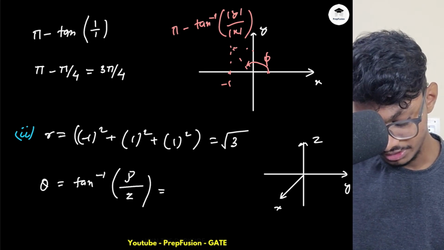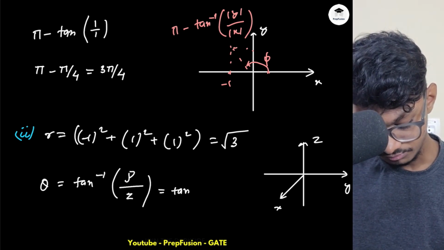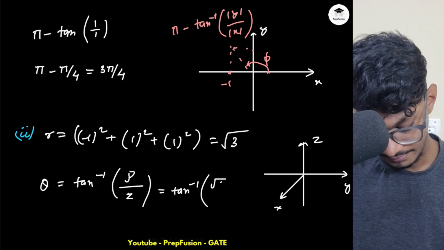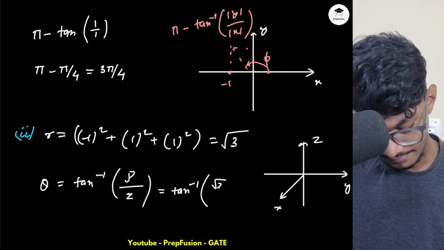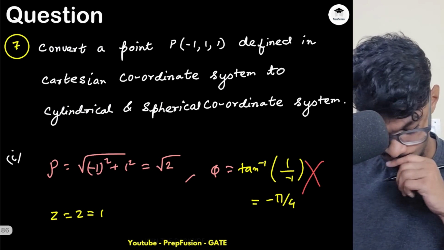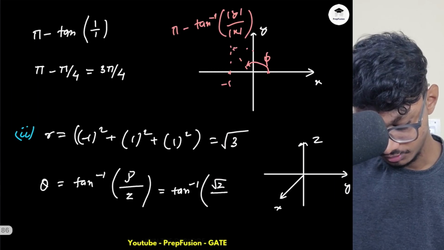So rho is how much? Rho is under root 2, and z is 1.